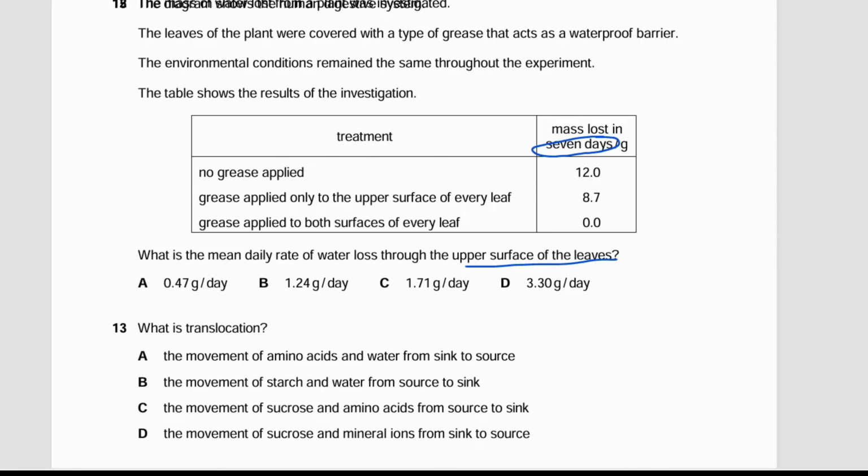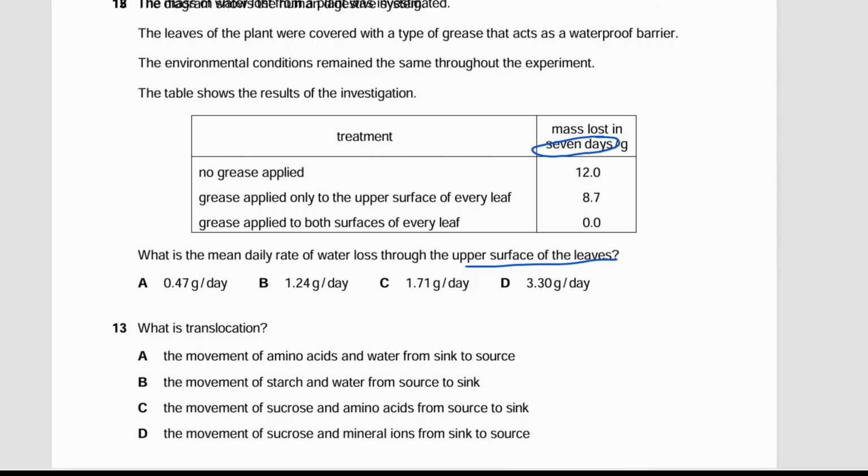The environmental conditions were these. What is the mean daily rate of water loss through the upper surface of the leaf?